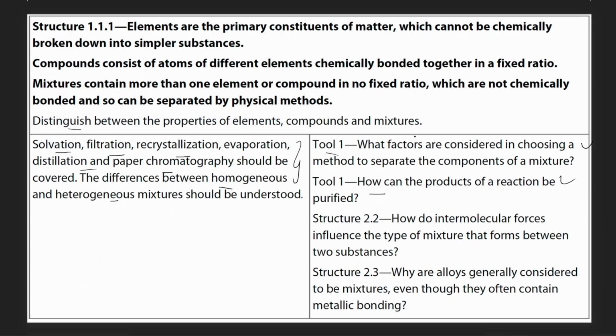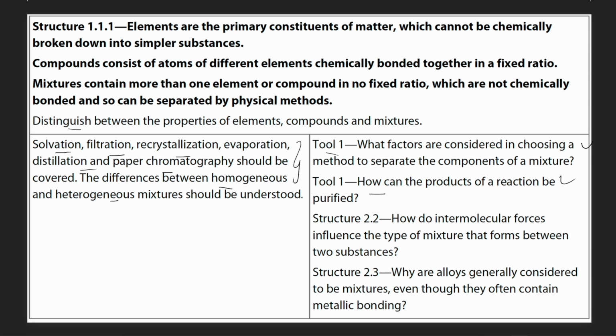Okay, so these are the several linking questions. What factors are considered in choosing a method to separate the components of a mixture? The choice of separation technique depends on what is in the mixture, and the physical and chemical properties of the substances present. It also depends on whether the substances to be separated are solids, liquids, or gases.